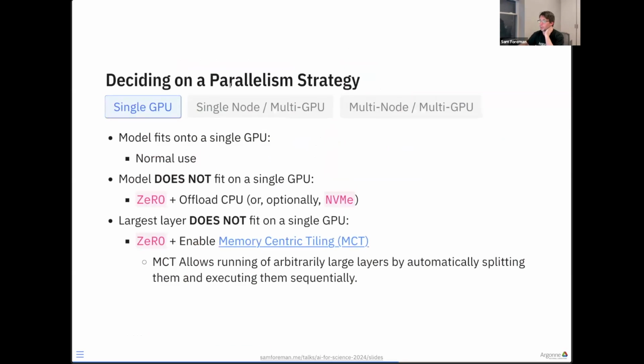Yes, then maybe the one thing I did want to say that I skipped over is this slide on how to decide a parallelism strategy and how to know which approach to use when. If you only have a single GPU, there's not really much you can do. There are some experimental techniques.